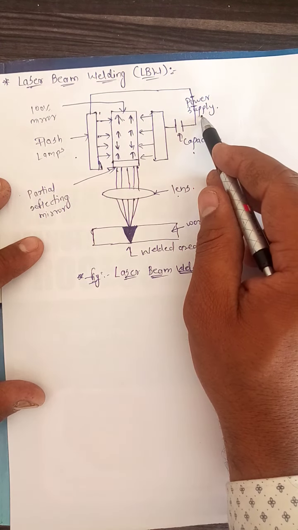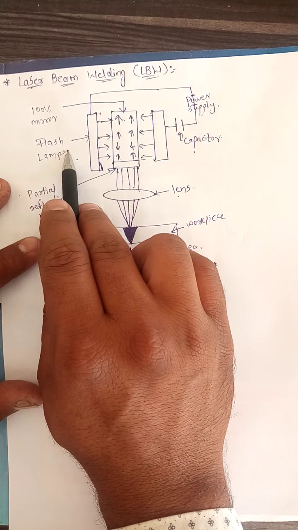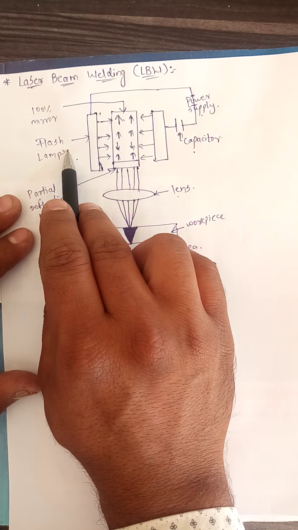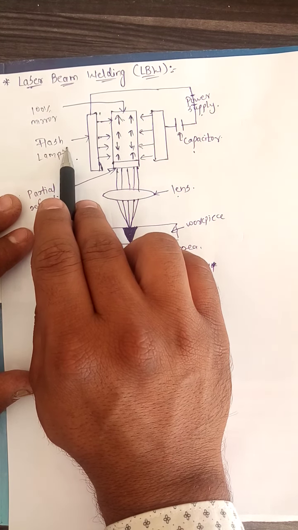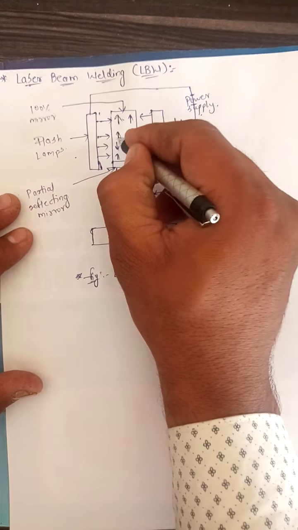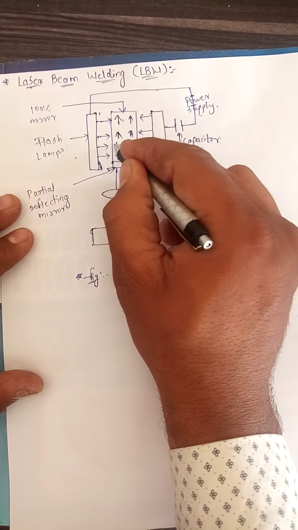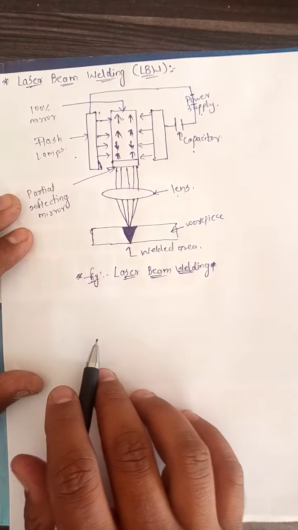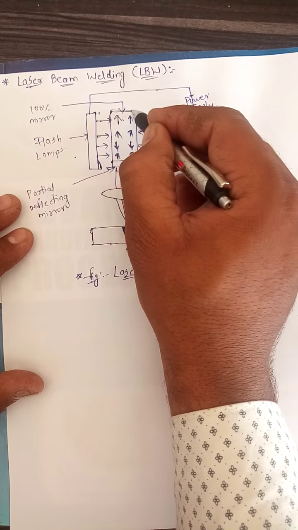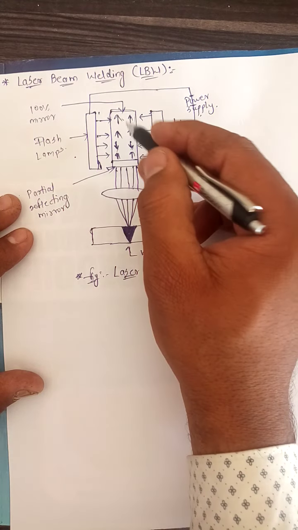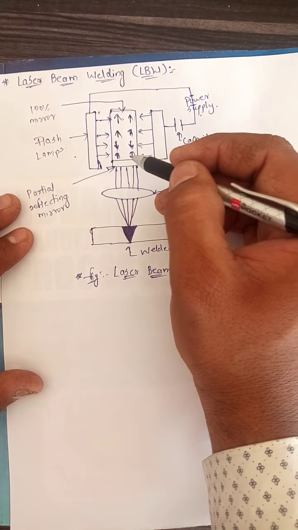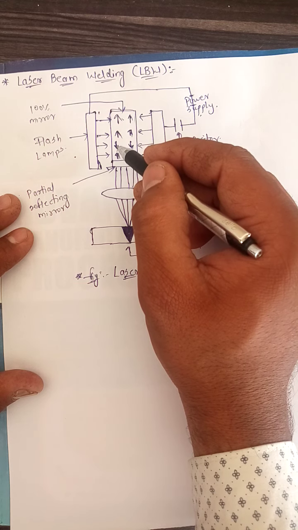When the power supply is given to the flash lamp, atoms and electrons are produced in this place, and they coincide with each other and create a photon.